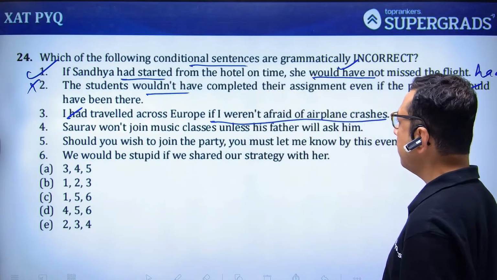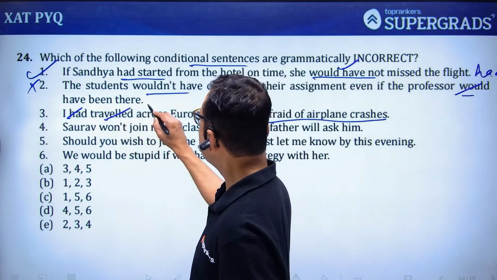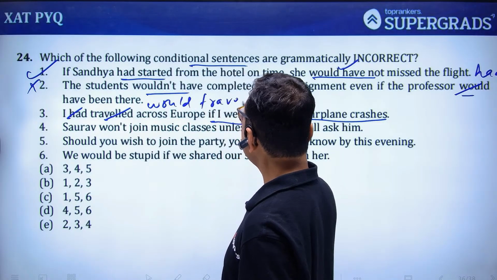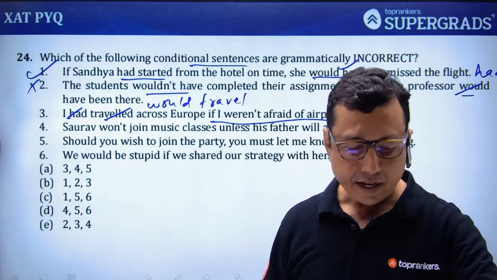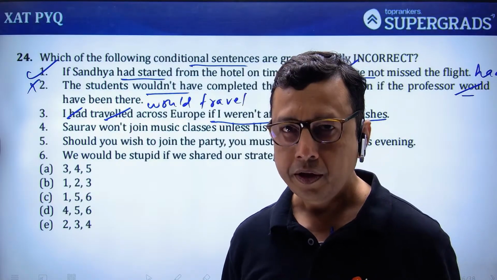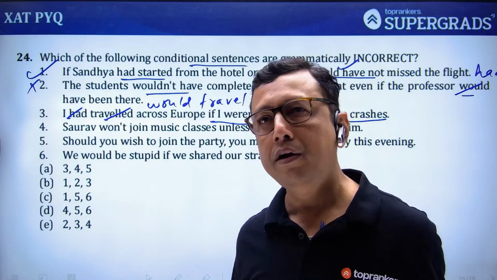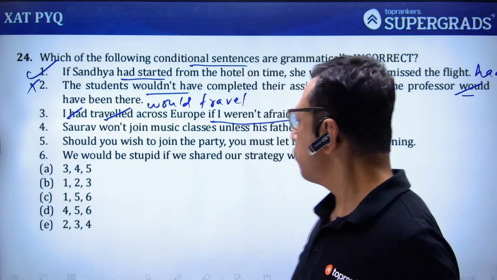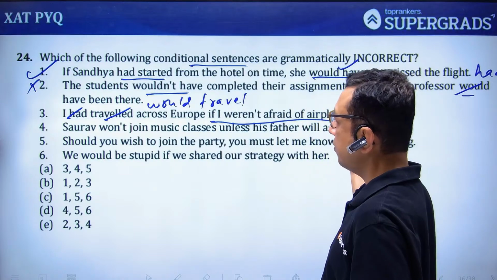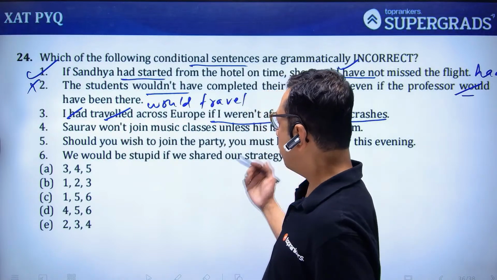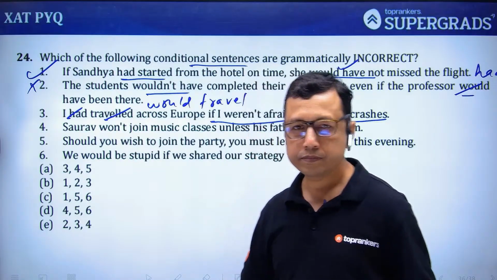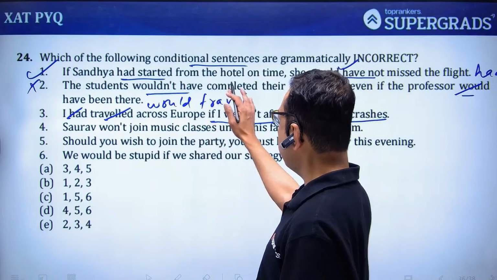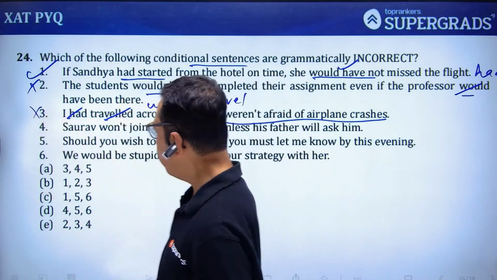So if I weren't, it should be I would travel. ये इमेजिनरी कंडीशन कहलाता है. इमेजिनरी कंडीशन मतलब काश मैं ना डरता तो मैंने ट्रेवल किया होता, राइट? So if I weren't afraid of airplane crashes, I would travel across Europe. तो I would travel होना चाहिए था इसमें. So this is also evidently wrong.